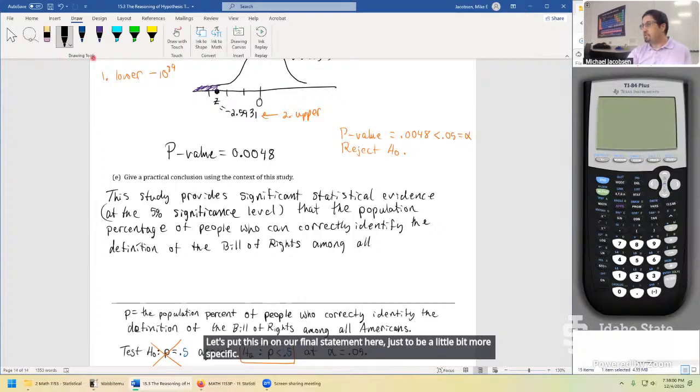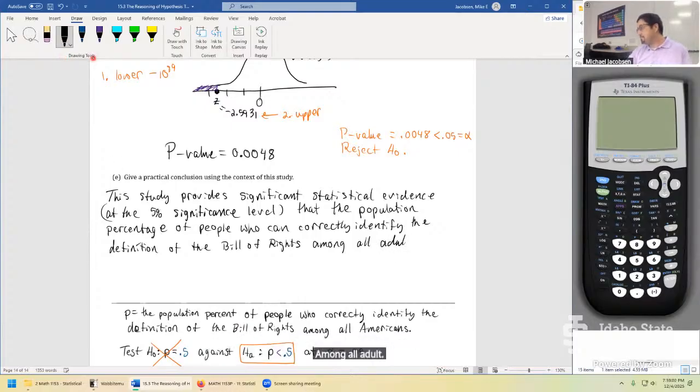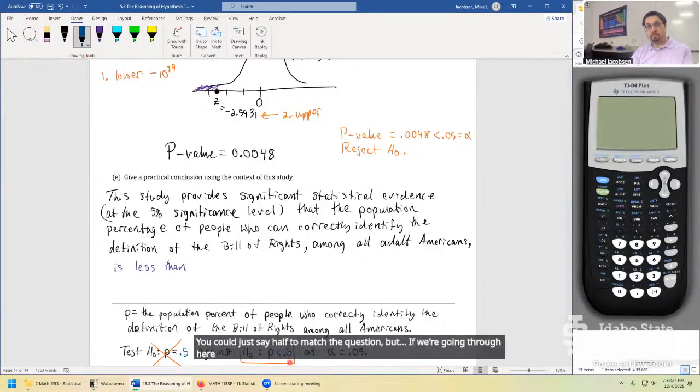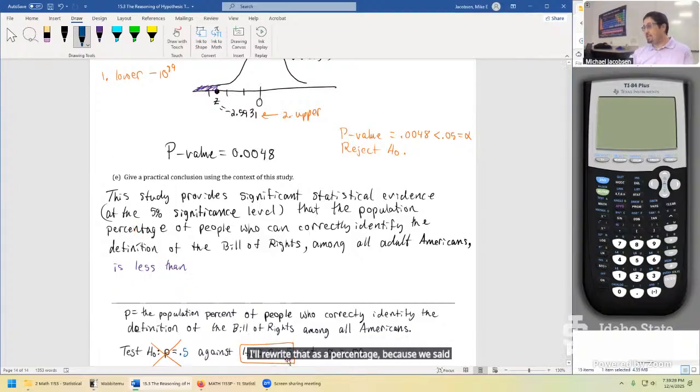Among all adult Americans, is less than. You could just say half to match the question, but if we're reading this out a little more verbatim, I'll rewrite that as a percentage because we said percentage up here. We'll say is less than 50%.